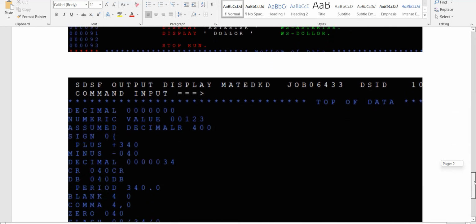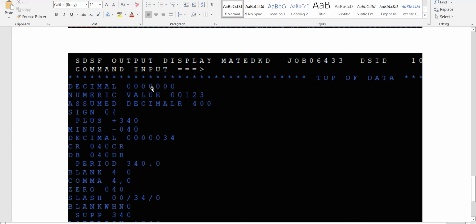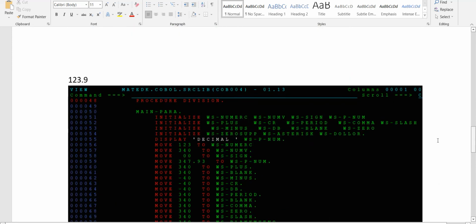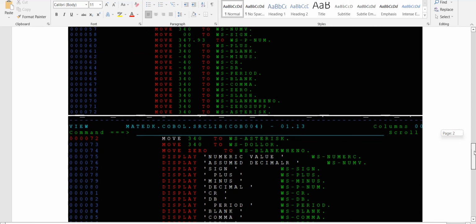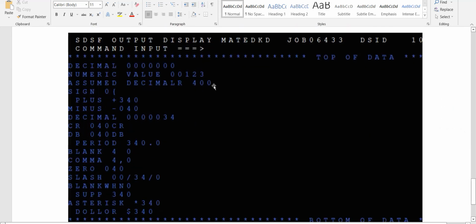How is it displayed? See, first I have initialized 7 digits scaling decimal one, so it displays zeros, and numeric value 00123 because it is 5 digits, and what I have stored in this numeric is 123 only, so it added 00 before that. Okay, it is 5 length, right? So it took 2 digits before that. And the assumed decimal, see, we have given 340.